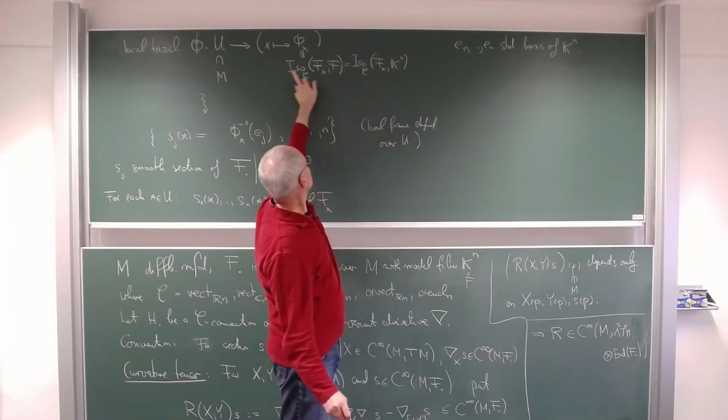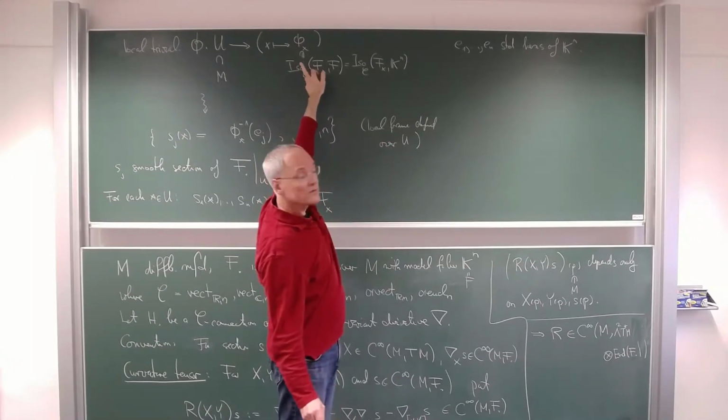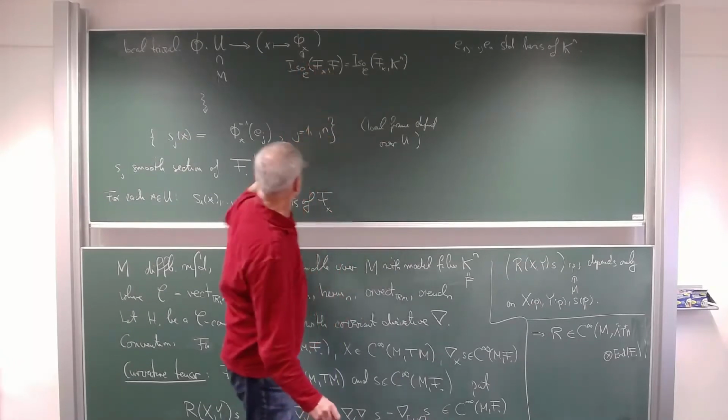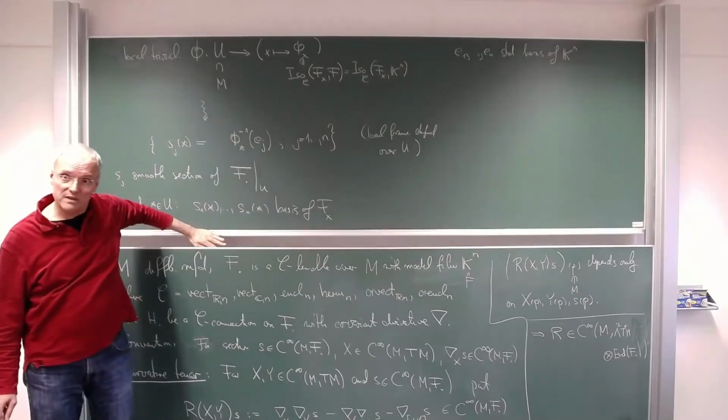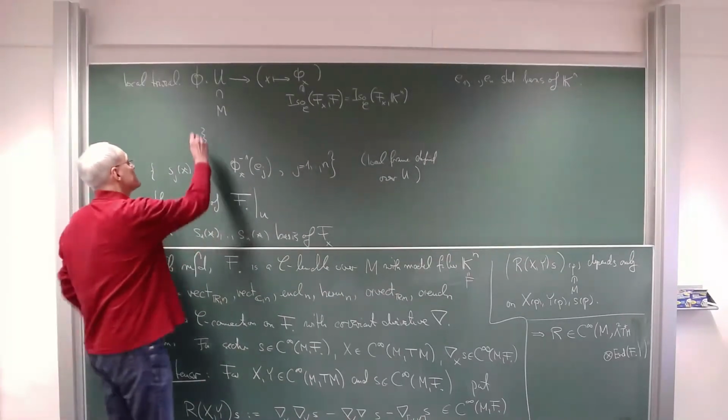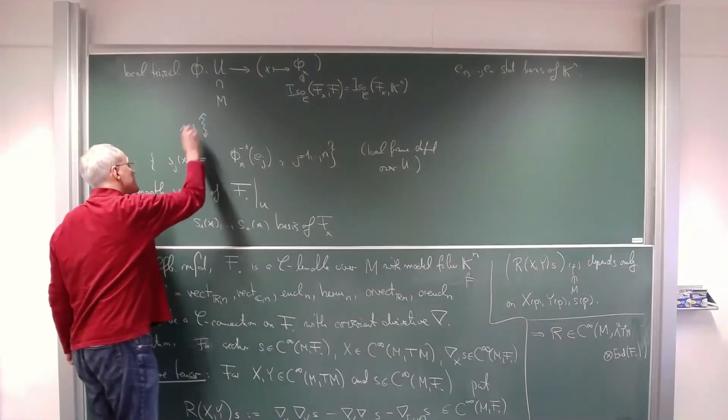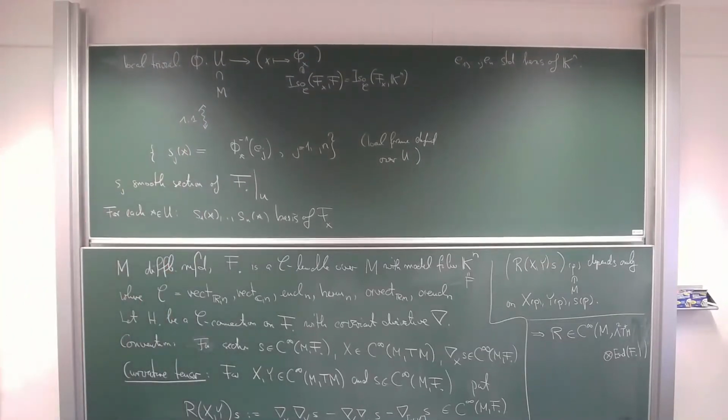So this then uniquely defines phi x. So if I have such a local frame, I get this local trivialization back. So this is a one-to-one correspondence between local trivializations and local frames.